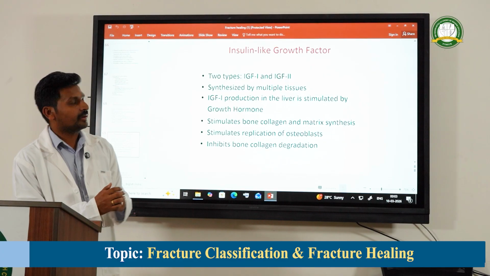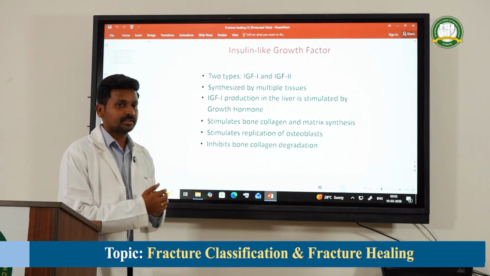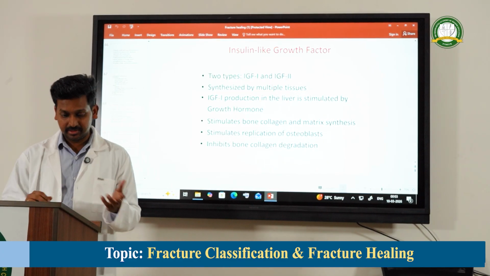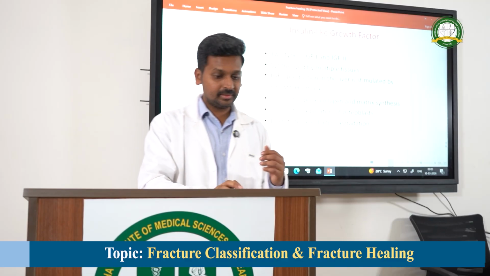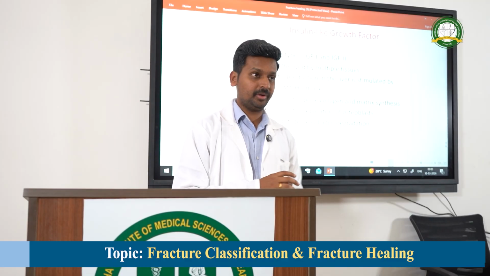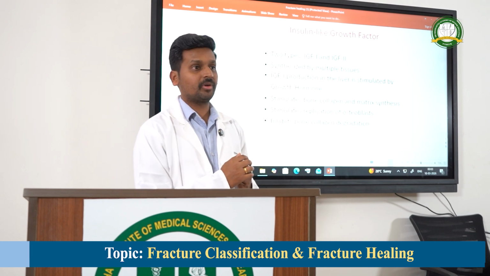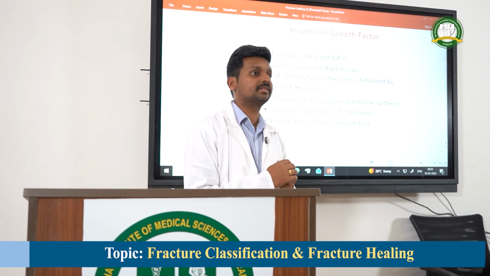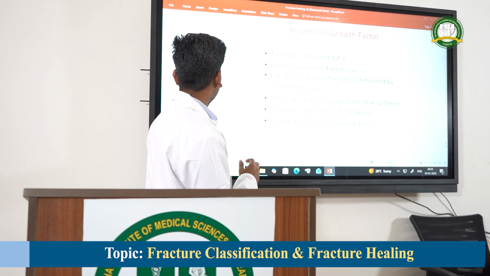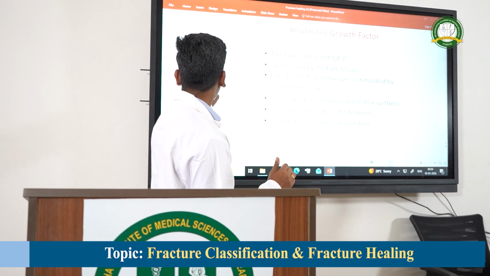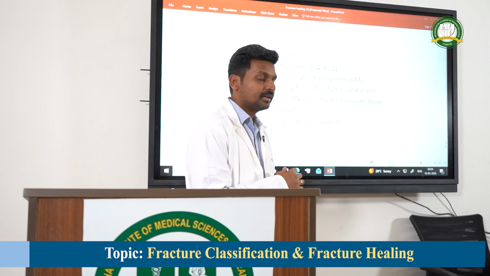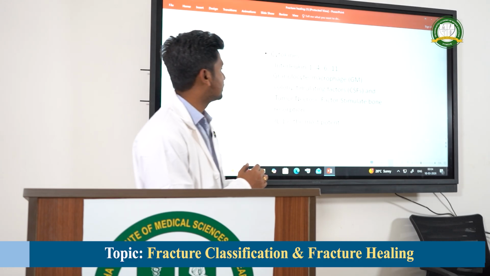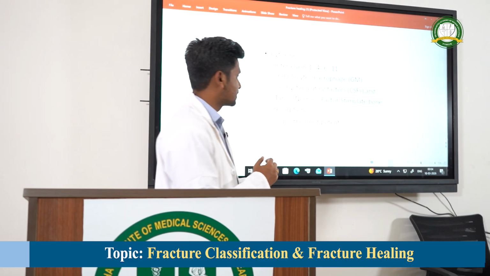So insulin like growth factors are 1 and 2, which are synthesized by multiple tissues, and insulin like growth factor 1 production is in the liver, stimulated by growth hormone, stimulates bone collagen and matrix synthesis, stimulates replication of the osteoblasts, and inhibits collagen degradation. So cytokines we have interleukin 1, 4, 6, 11, and granulocyte and macrophage colony stimulating factors, TNF tumor necrosis factor.